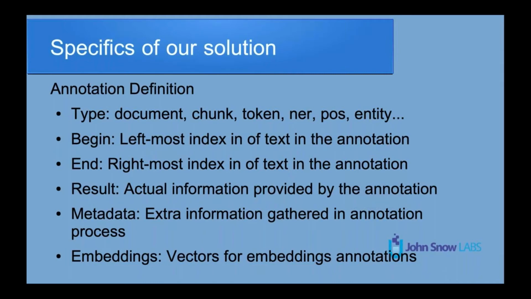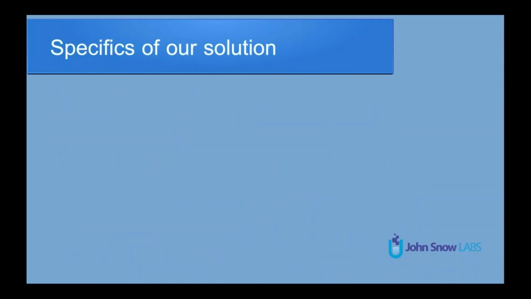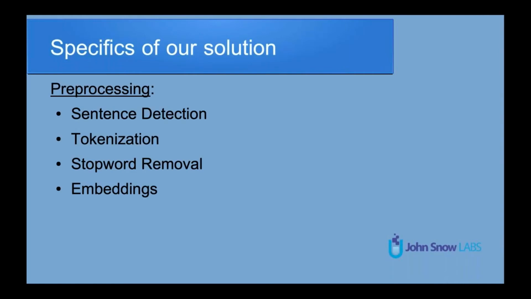Okay, so now that we have annotation clear, let's see how we do our entity resolution. So what do we have for preprocessing stages? In our open source library, we have these kinds of preprocessing techniques, mainly sentence detection, tokenization, stop word removal, and embeddings calculation. So most of the entity resolution pipelines will have this preprocessing as the first stage of our process.